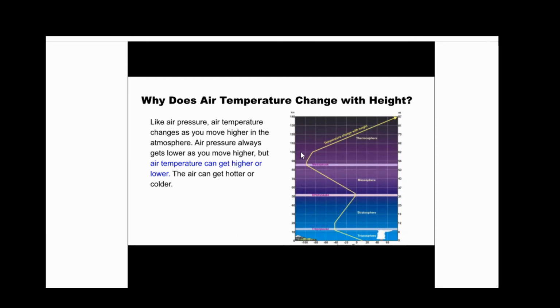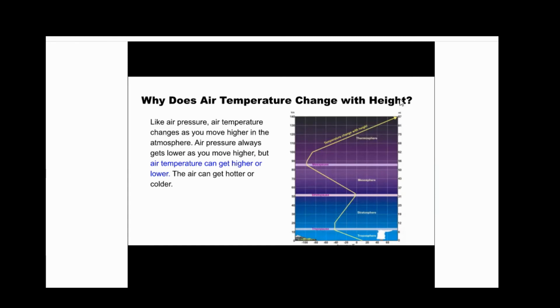You have this line over here that's kind of zigzagged, and that is the temperature of each layer. So it's hotter down here on the surface of the Earth than it is at the top of the troposphere. As you move up through the stratosphere, it gets warmer again. Mesosphere, it's going to get colder up here, and then it gets hotter in the thermosphere.